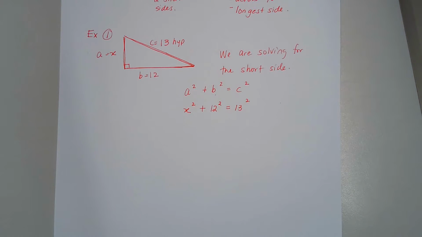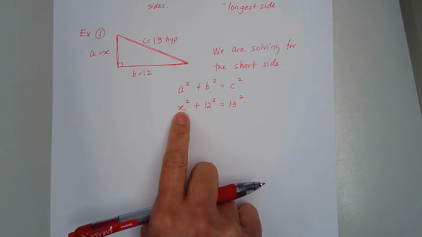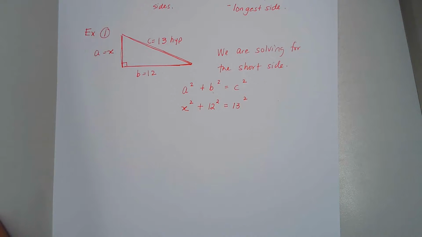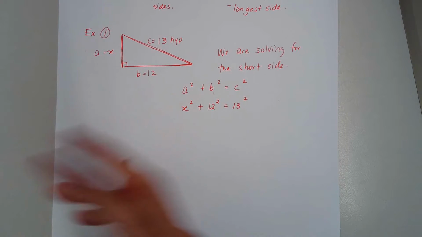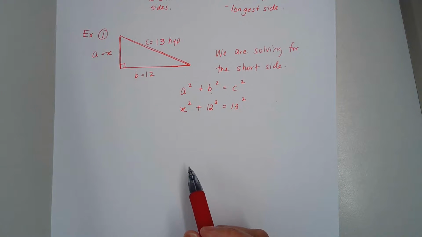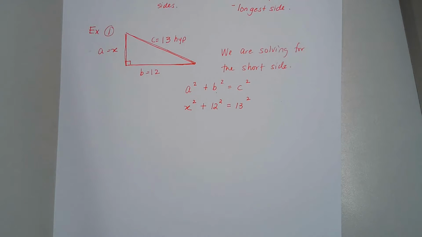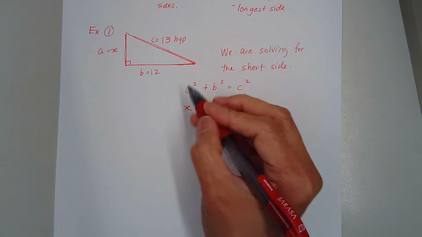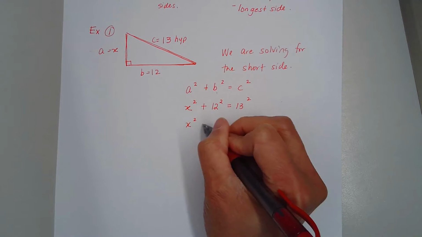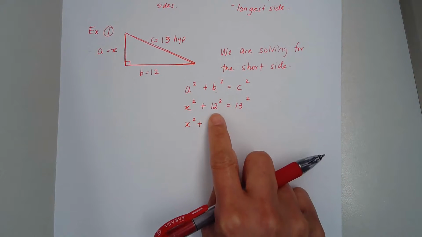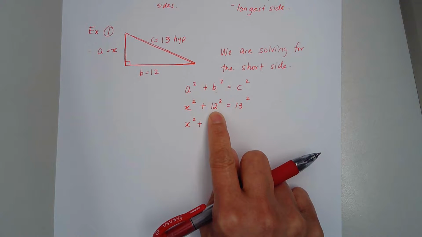Okay, so now what we're going to do is we're going to try to figure this out so that we can complete this triangle. Okay, so what do we know? So x squared plus, hey, we can calculate this, can't we? That's the first step. 12 squared.